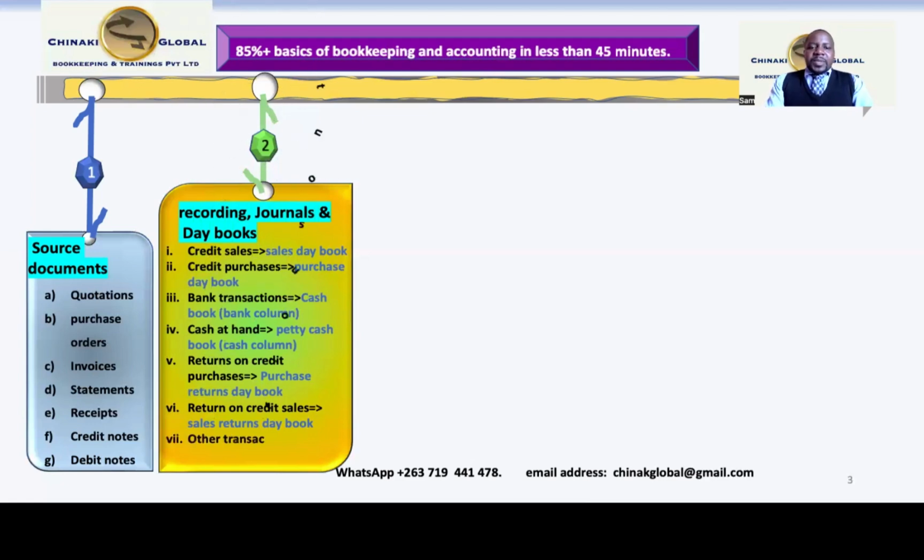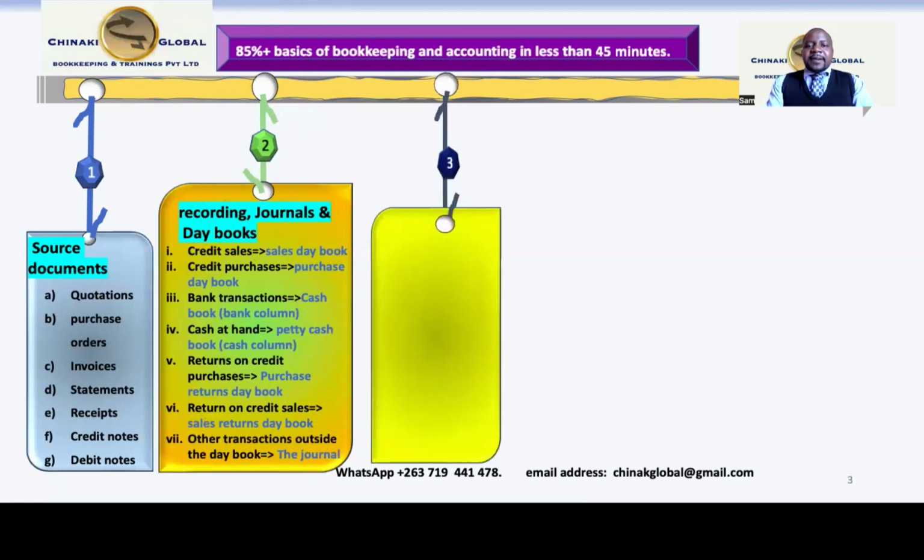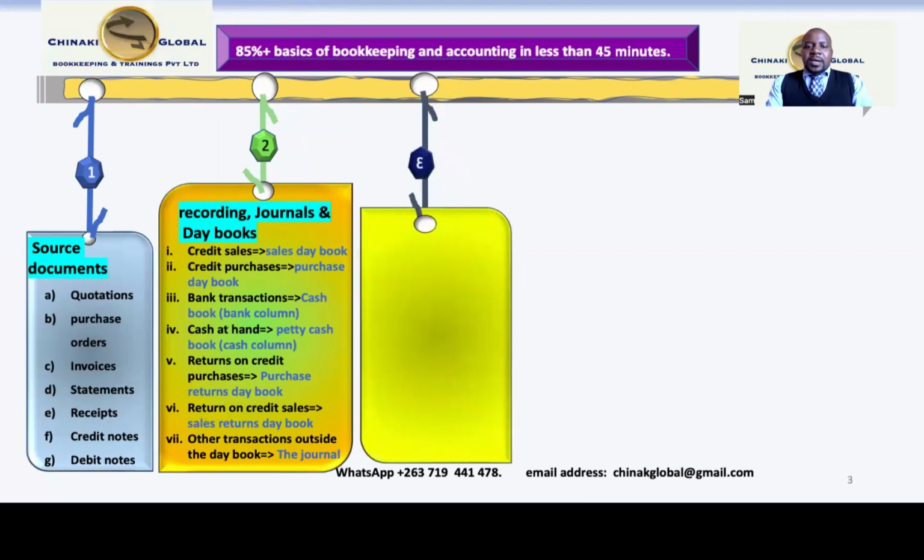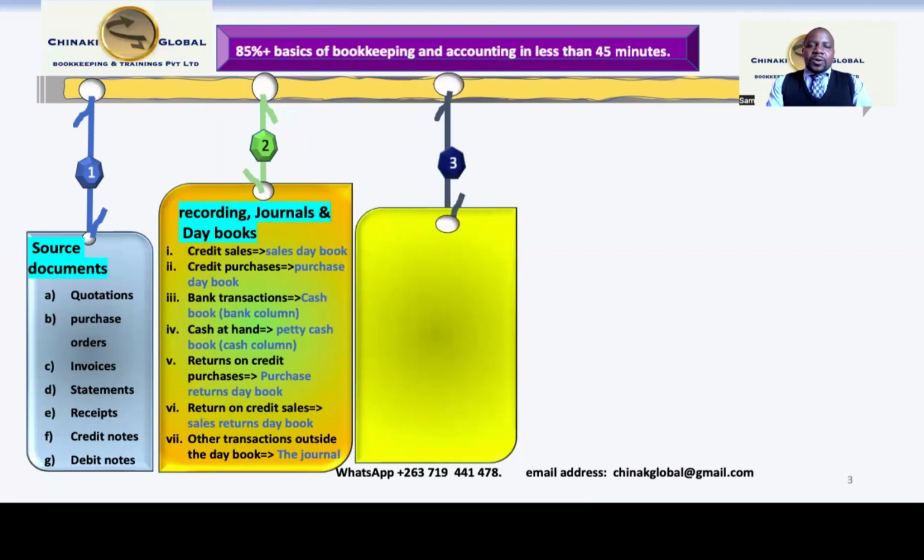Sometimes we might also have other transactions which are not recorded in one of the 1 to 6 daybooks I've discussed with you. They're supposed to be recorded in what we call the journals, right?